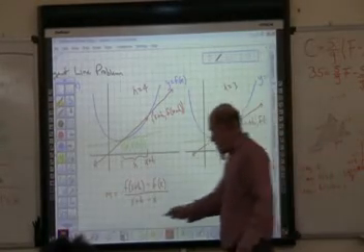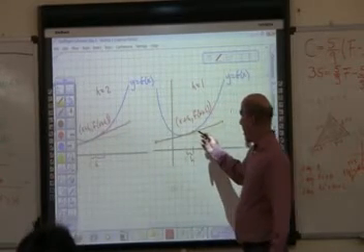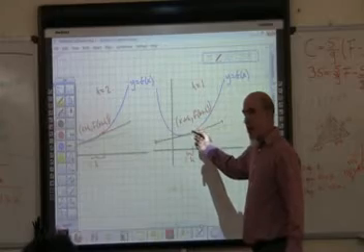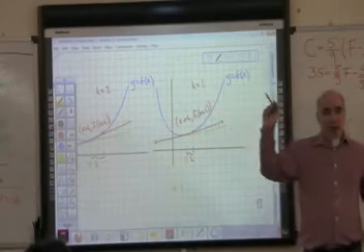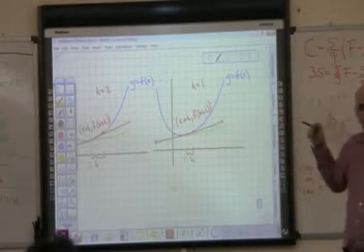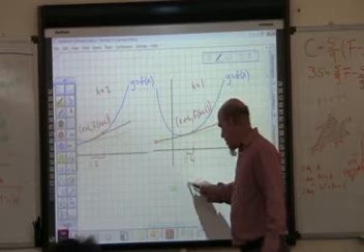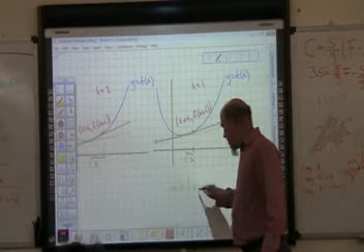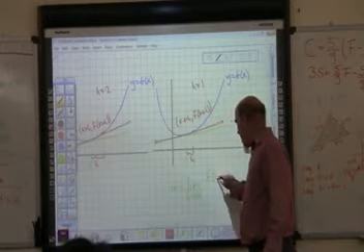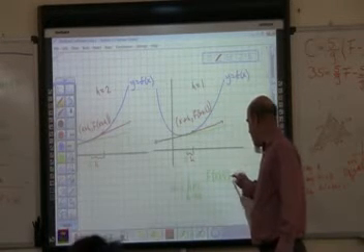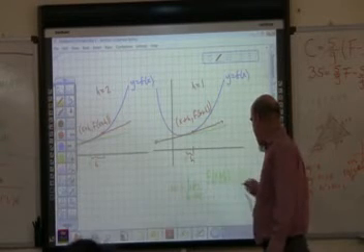So when I get over to here, I can see that the closer this second point is getting, the smaller my h value is getting, the slope is getting closer and closer and closer. In fact, the slope of the green line is the limit as h approaches 0 of f of x plus h minus f of x over h.